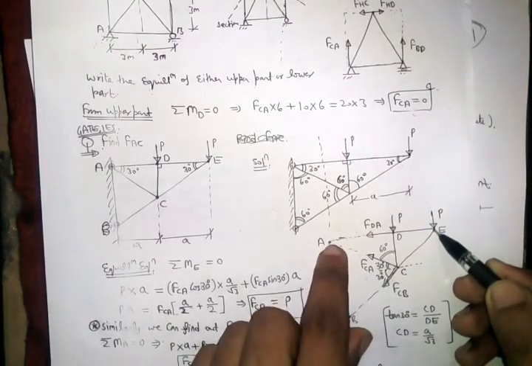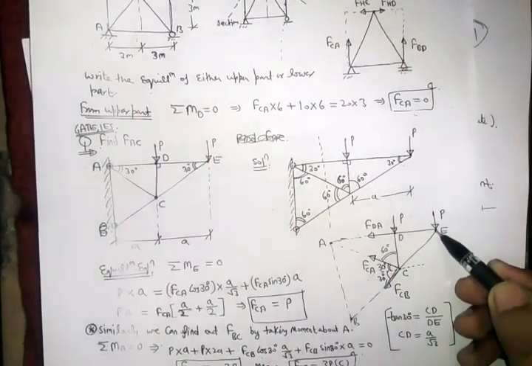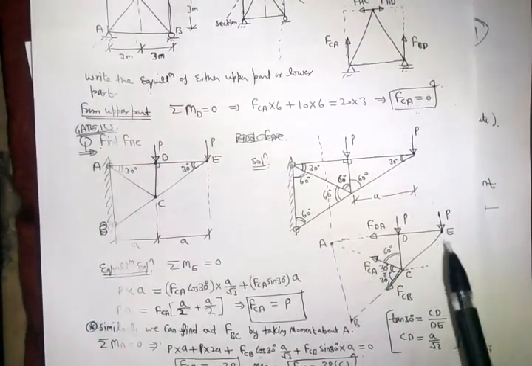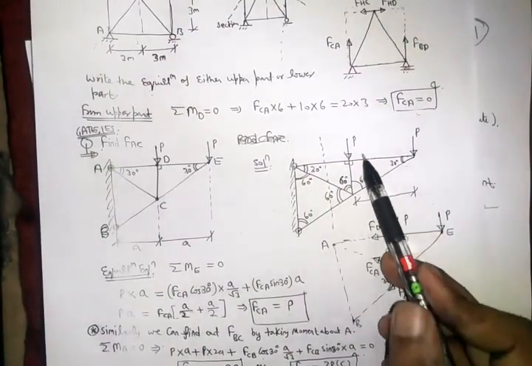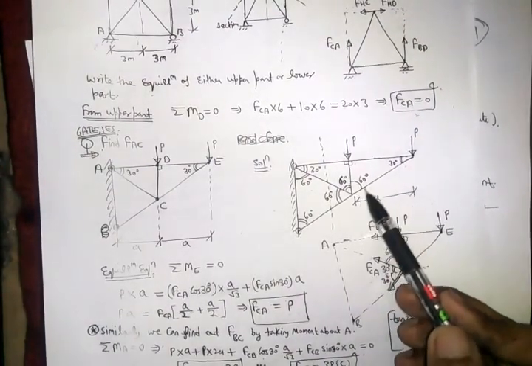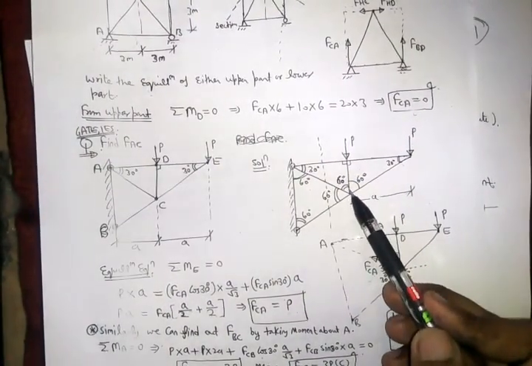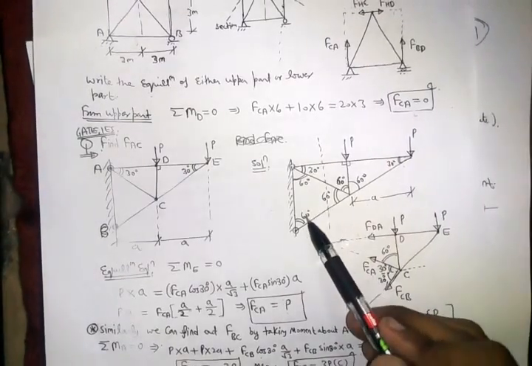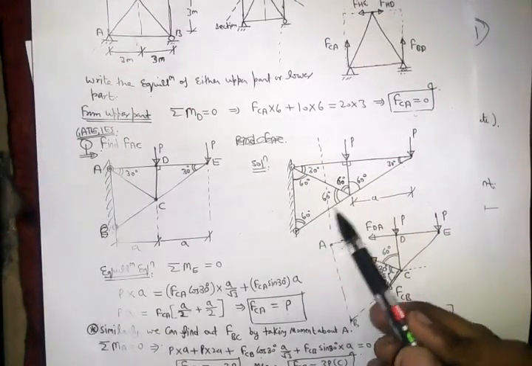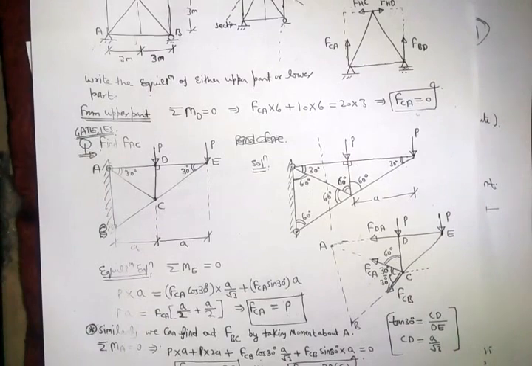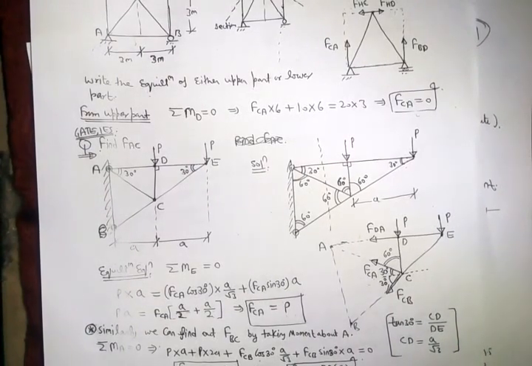If this is A, this is 30, this is angle 60. See how the distances are? This is A, means this is A. I can find out this distance. This is 60, this is 60, this is 60. All these three dimensions will be the same. I can easily find out, right?